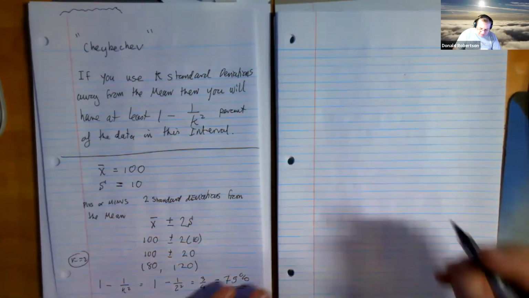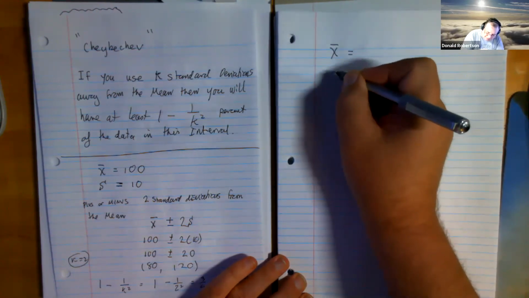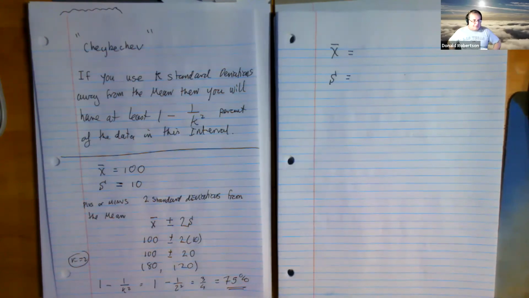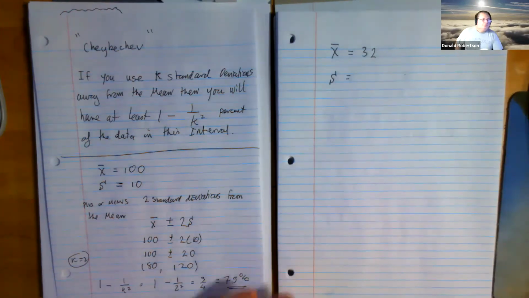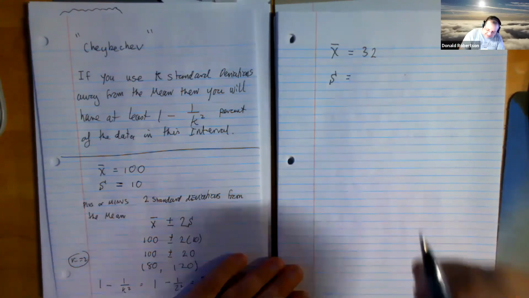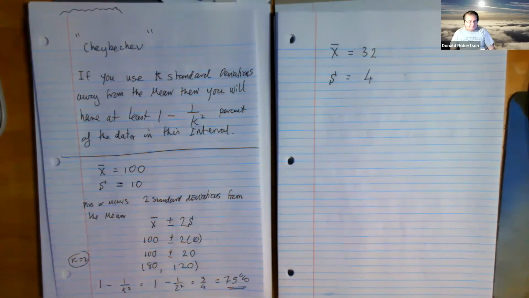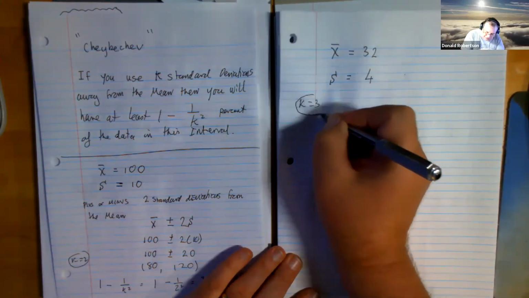So let's try another one. Let's suppose I try a medical one and I'm making this up. Let's suppose that the average healthy blood potassium level is 32. I have no idea what it really is, but let's pretend it's 32. And that the standard deviation is 4. Let's do 3 standard deviations.